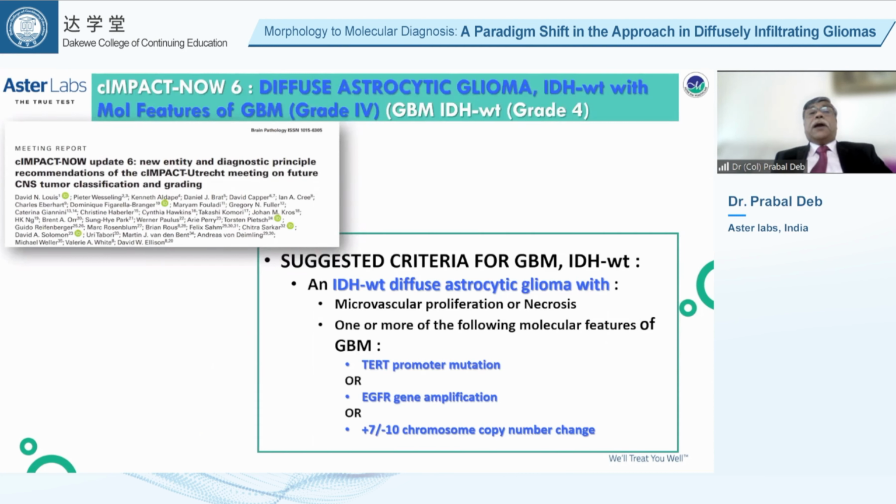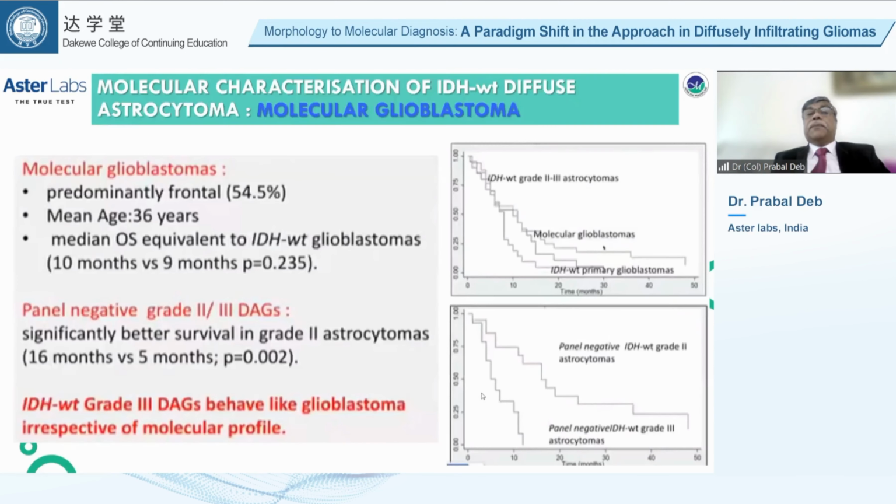Coming to cIMPACT-NOW 6, diffuse astrocytic glioma IDH wild type with molecular features of GBM. Basically, again, if there's a TERT promoter mutation, EGFR or 7+/10-, it becomes a molecular GBM.